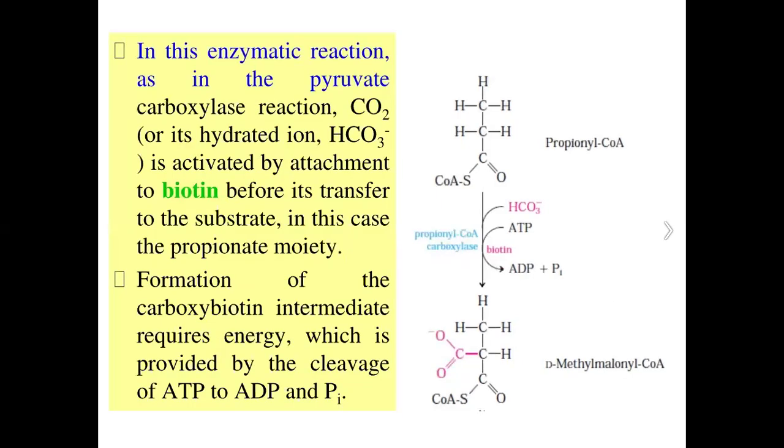That's the first step. Now, in this enzymatic reaction, as in the pyruvate carboxylase reaction, carbon dioxide or its hydrated ion, bicarbonate ion, is activated by attachment to biotin before its transfer to the substrate, in this case, the propionate moiety. Formation of the carboxybiotin intermediate requires energy, which is provided by the cleavage of ATP to ADP and inorganic phosphate.